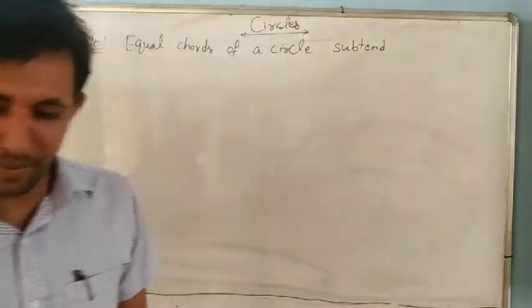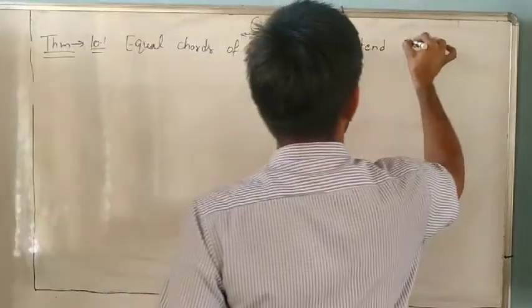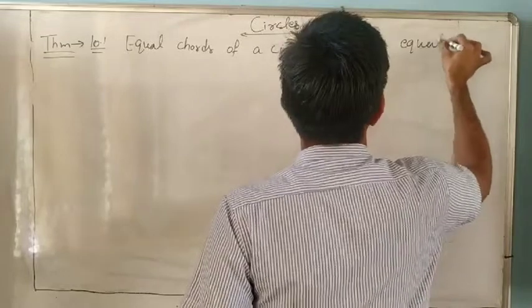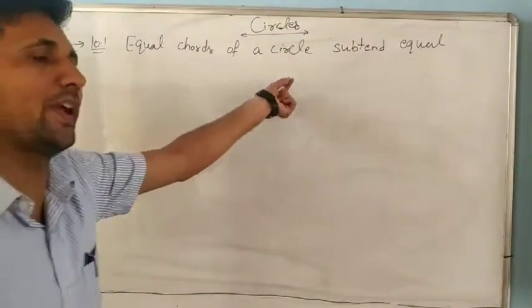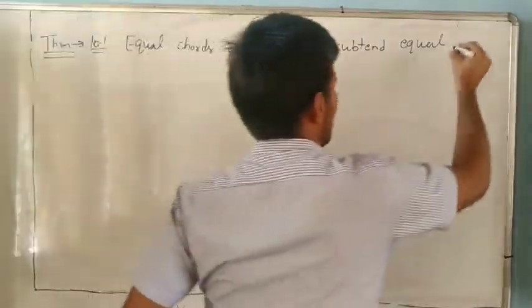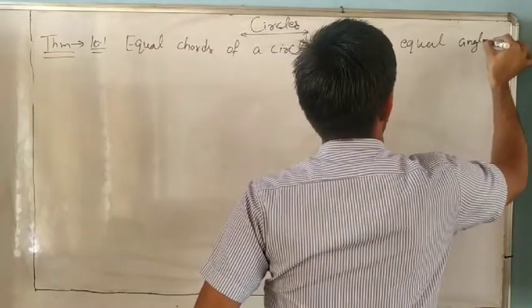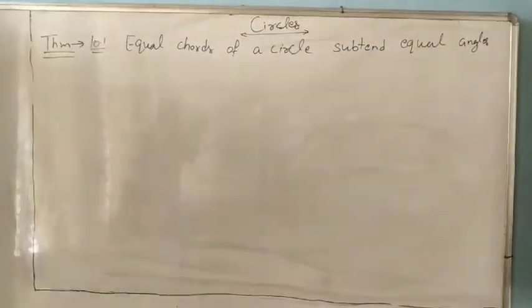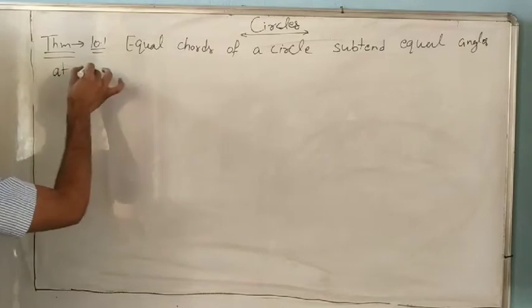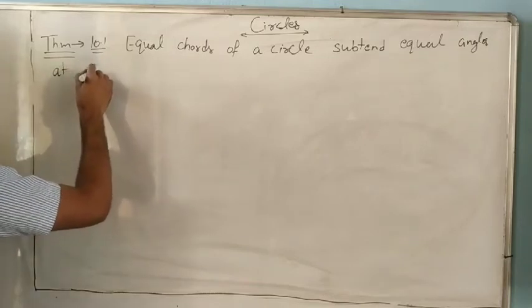Subtend means make. It means equal chords of any circle subtend equal angles. And where? Equal angles at the center.